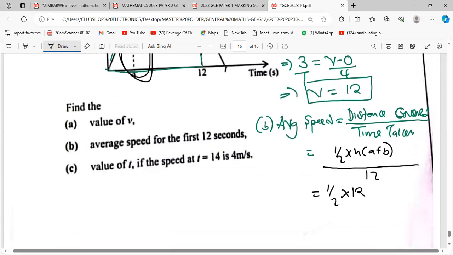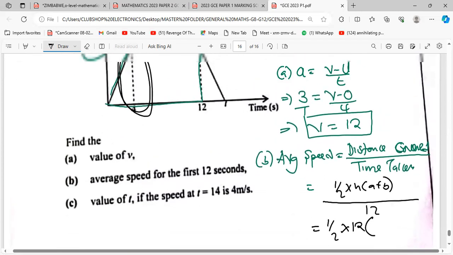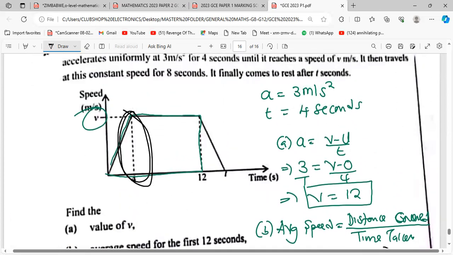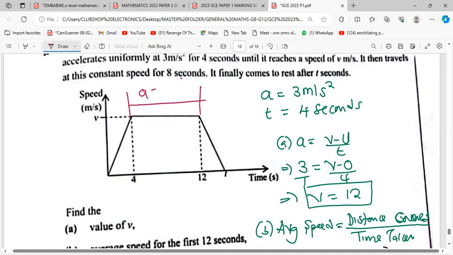Then our a, from here to there, the difference is our a, which is 8. Then our b is 12.